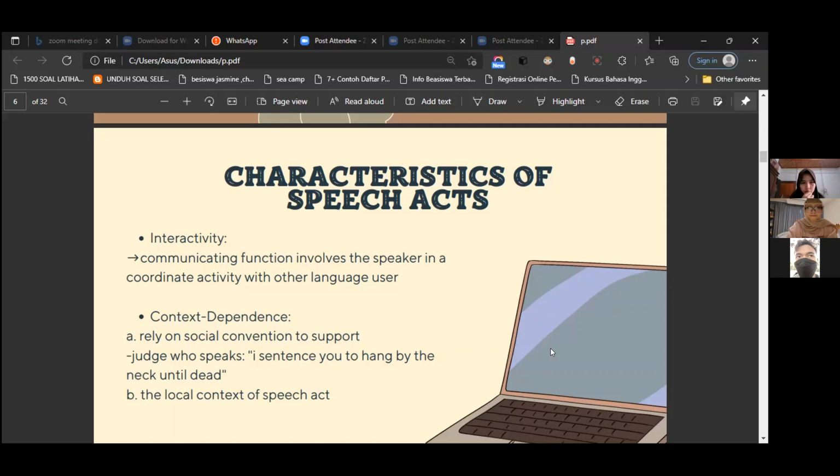For example, there is a judge who speaks, I sentence you to hang by the neck until death. Memutuskan untuk kamu digantung hingga mati. The one who is appropriate and has the authority to say that is the judge himself. The second aspect is the local context of the speech act.